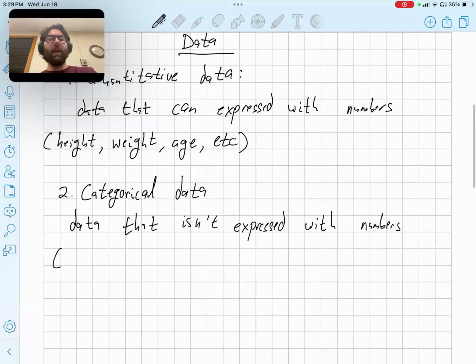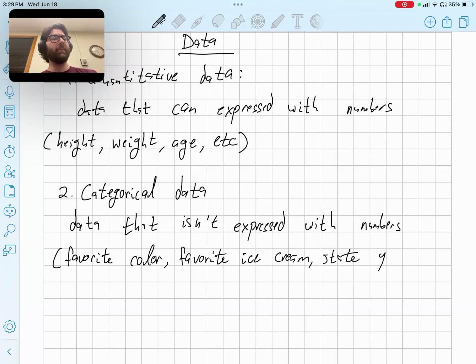And so this is something like favorite color, favorite ice cream flavor, state that you live in, etc. So this is the reason it's called categorical data.